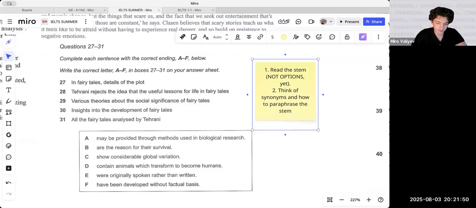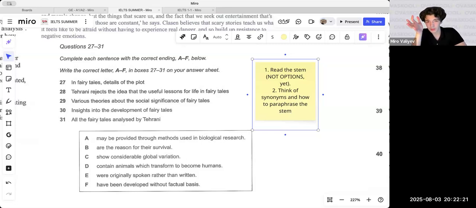Looking for keywords might not work here because the whole sentence is usually very paraphrased in the text, so it would be quite difficult to find unless you really understand the meaning.